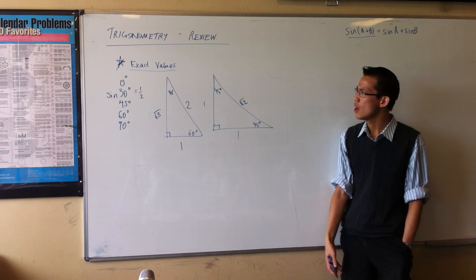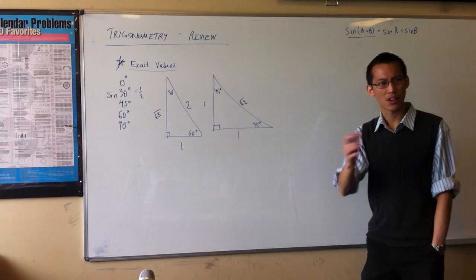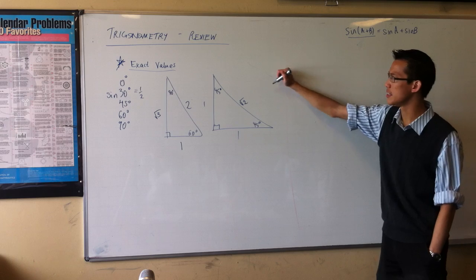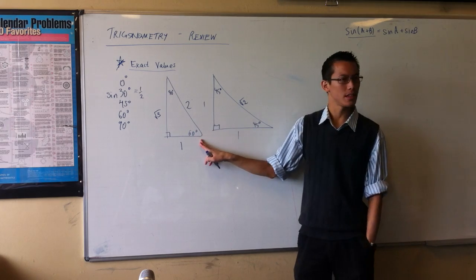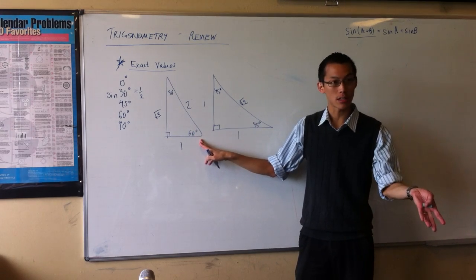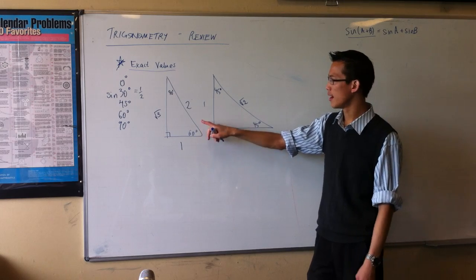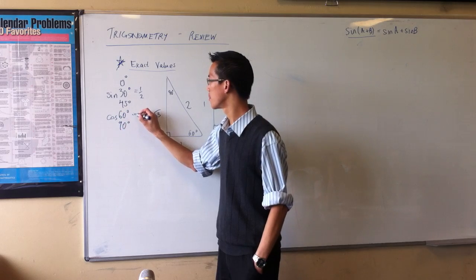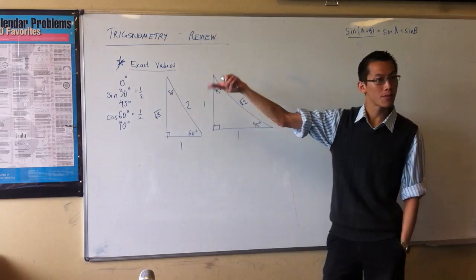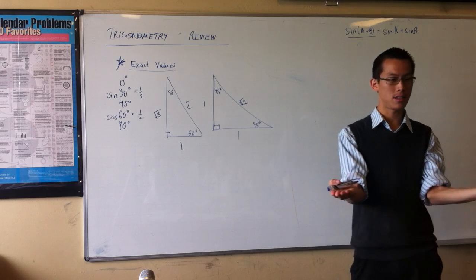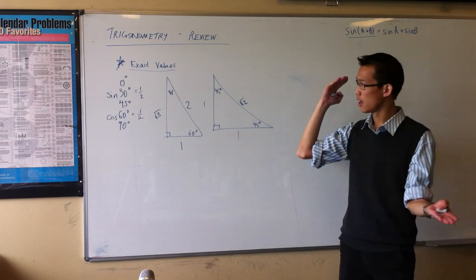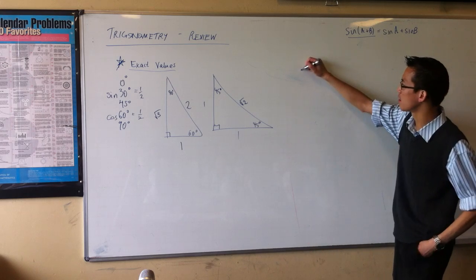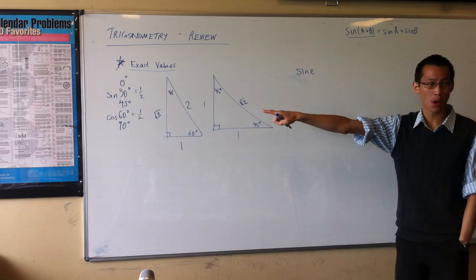By the way, don't forget sine and cosine. For instance, I already wrote down sine 30 is equal to a half. You can see if I went from 60 and did say cos 60, that's going to be adjacent on hypotenuse. So cos 60 is equal to a half. And I could reverse it as well. Sine 30 and cos 60 would be equal, because that comes back to what cosine stands for.